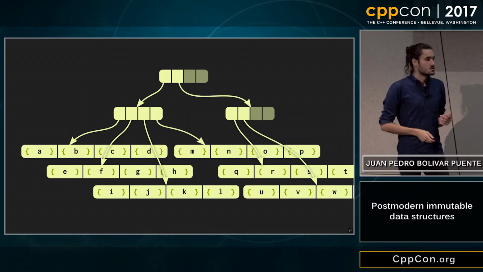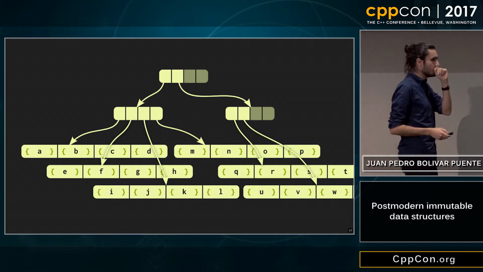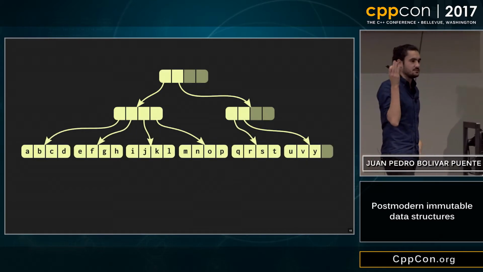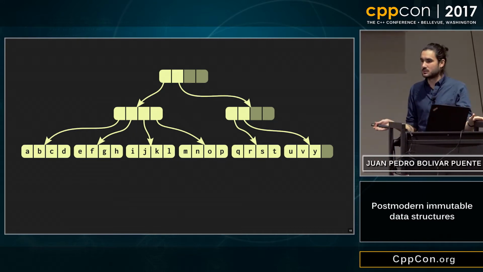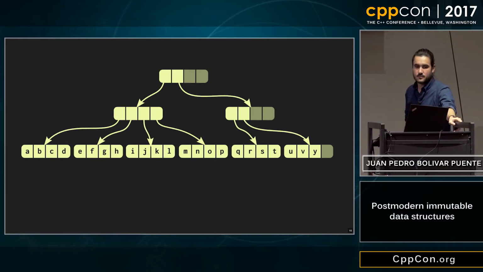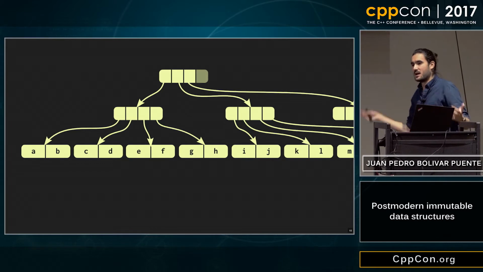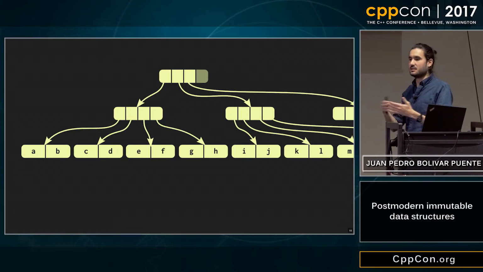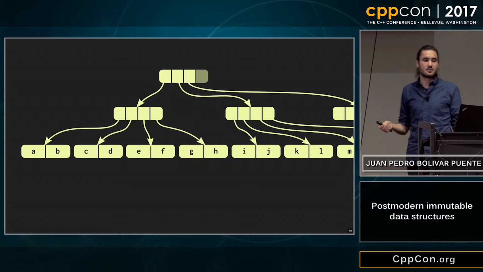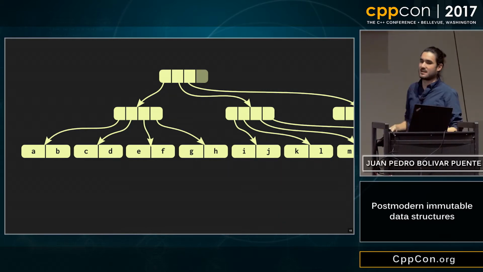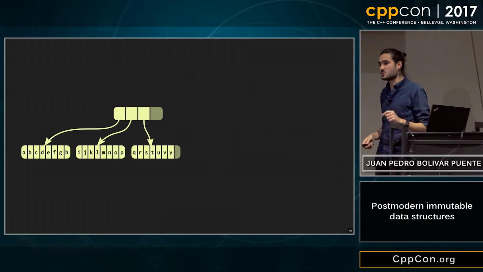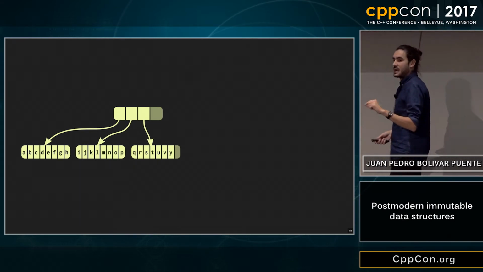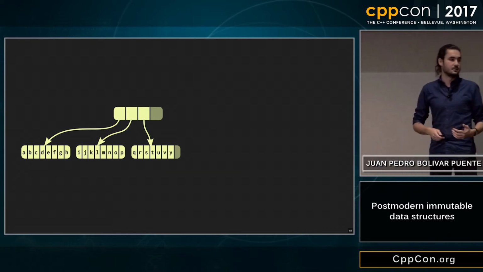So I propose a solution for this where, if the T you're storing is as big as a pointer, you just use the same block size. But if you have bigger elements, you simply store fewer of them in the leaf, but you still store a few of them. So in this case, they are twice as big as a pointer, so they store half as many. Likewise, this also allows us, if we have small elements, like let's say chars, to pack more of them in the leaf.